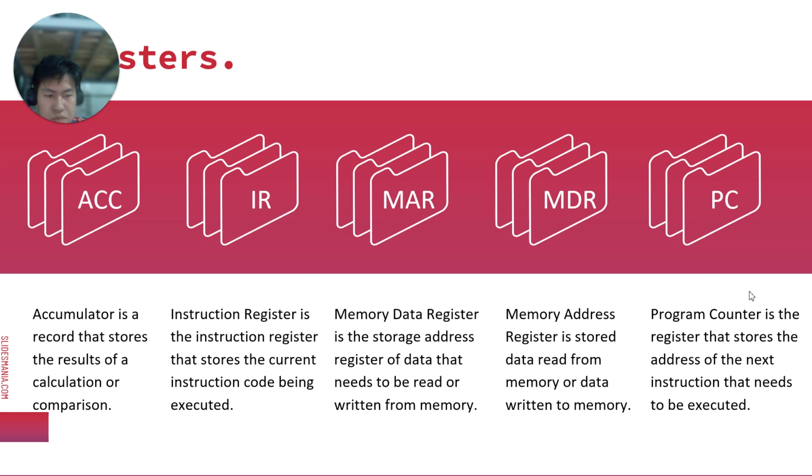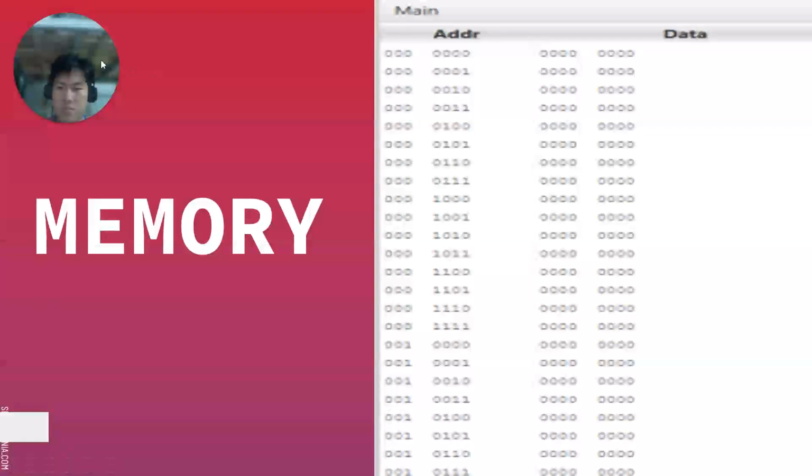The last one is PC, which stands for program counter. PC is used to track the location of the running program. When an instruction is executed, the PC is updated to indicate the address of the next instruction that needs to be executed. Next is the memory section.